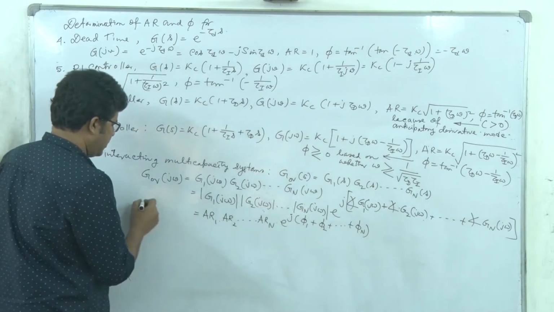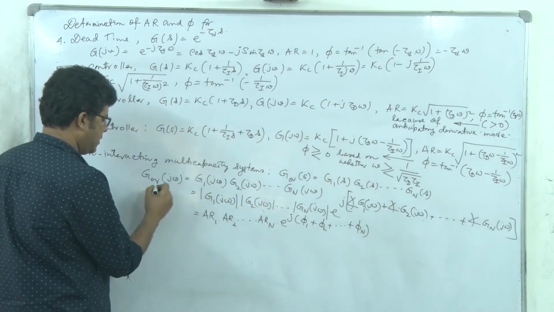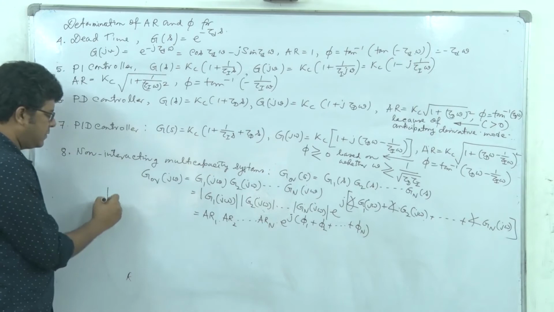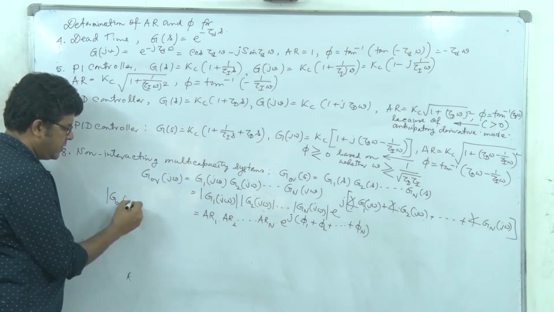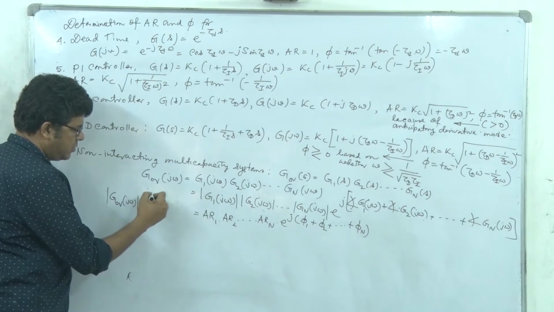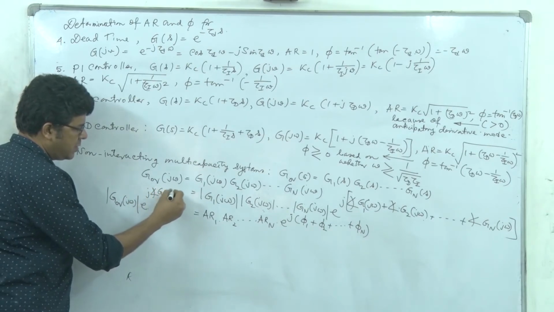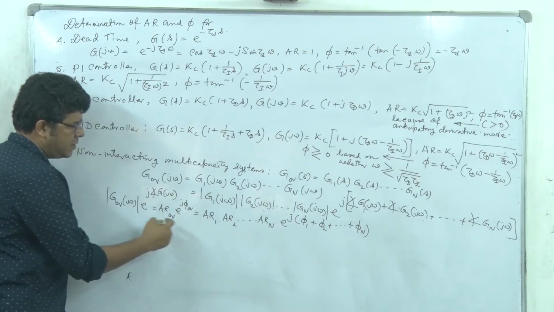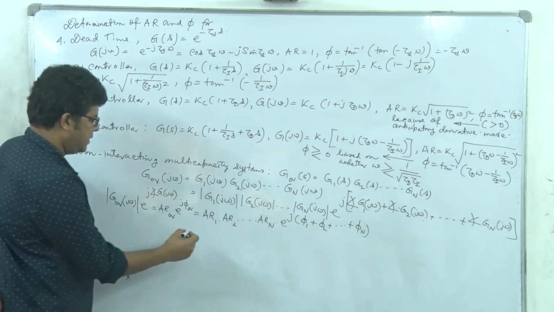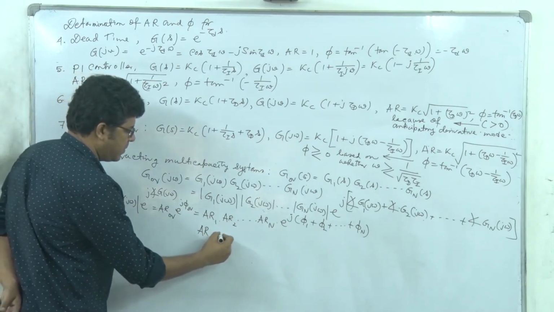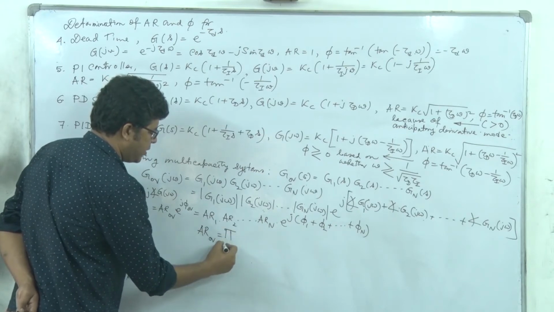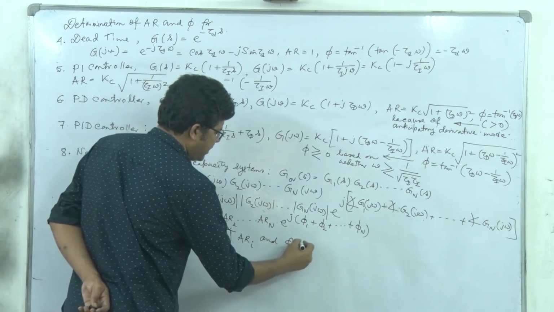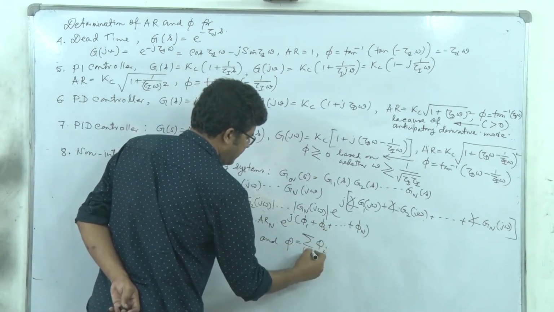Okay? So G overall(jω) we can also write as the magnitude of G overall(jω) into e to the power j argument of G(jω), which is equal to AR overall into e to the power j into φ overall. So comparison directly yields that AR overall will be the successive product of ARi and φ will be the sum of φi.